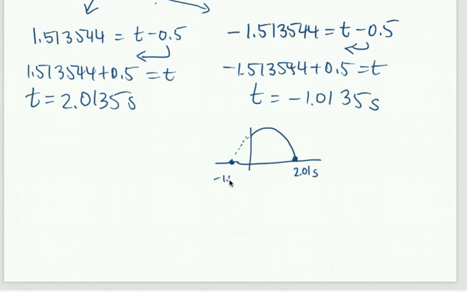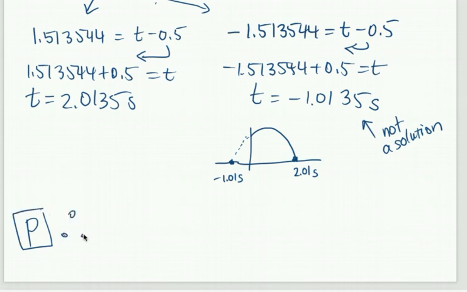It's at negative 1.01 seconds, but that negative time doesn't make sense, so this is not a solution. In this problem it doesn't make sense for time to be negative. But sometimes you'll run into problems where it's okay to have a negative, so don't just always eliminate the negative.